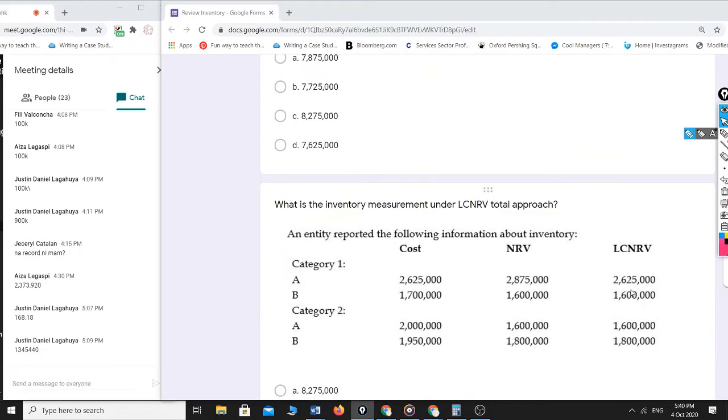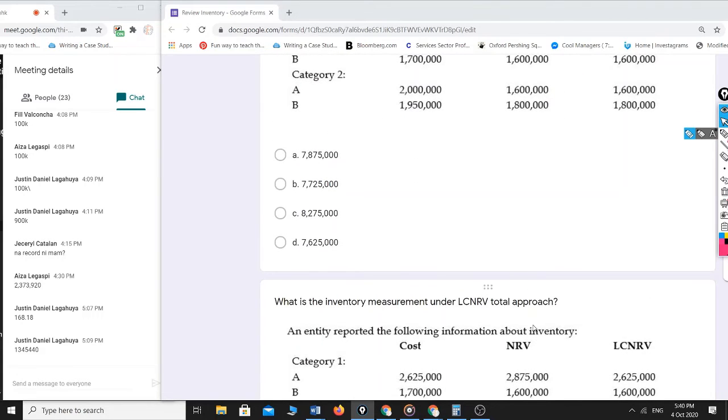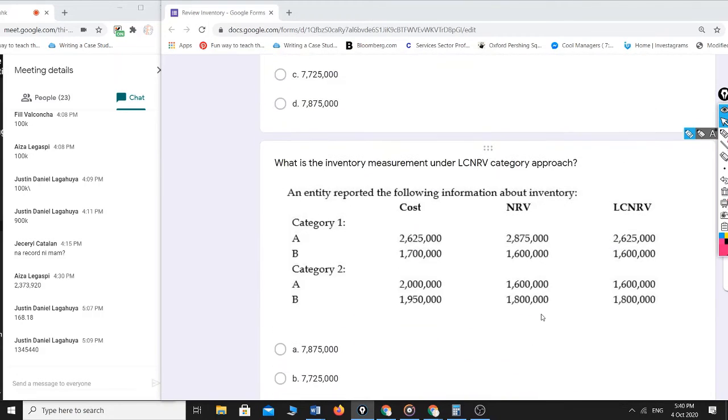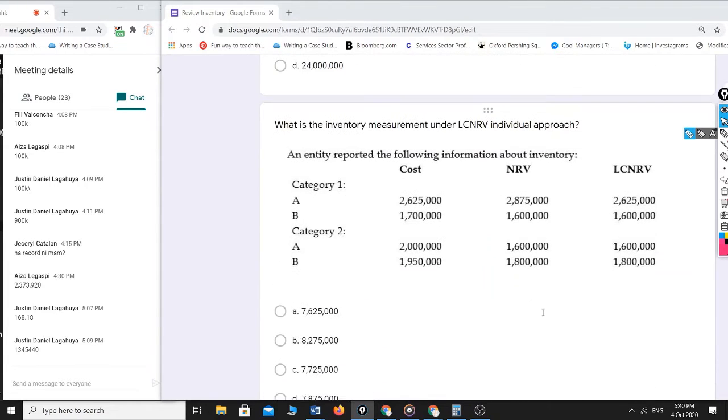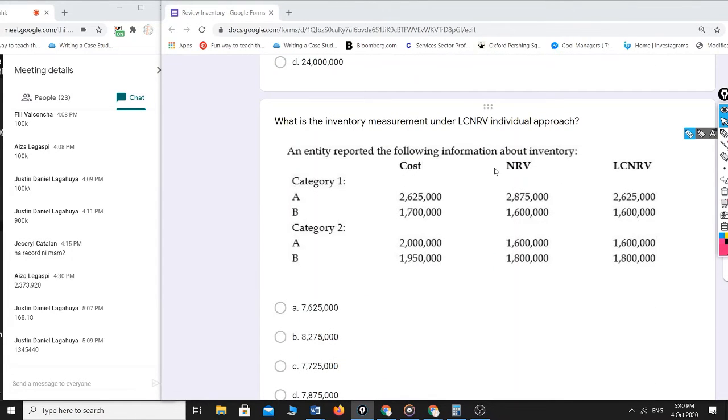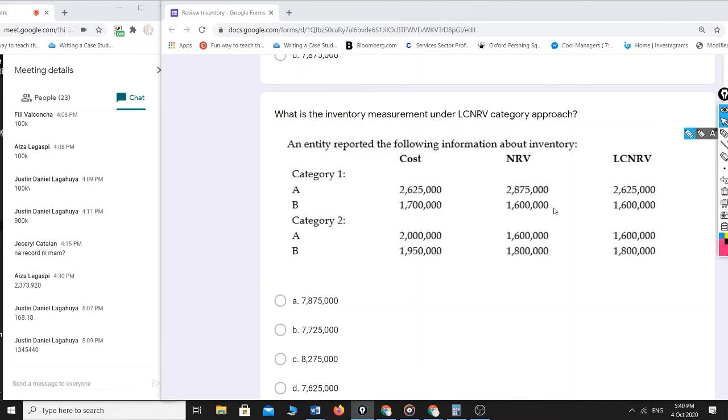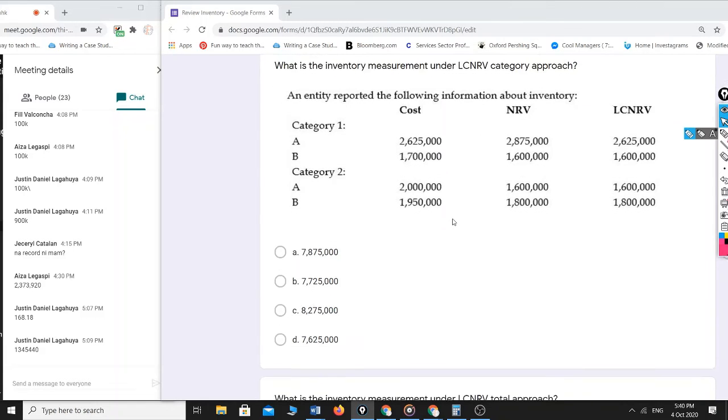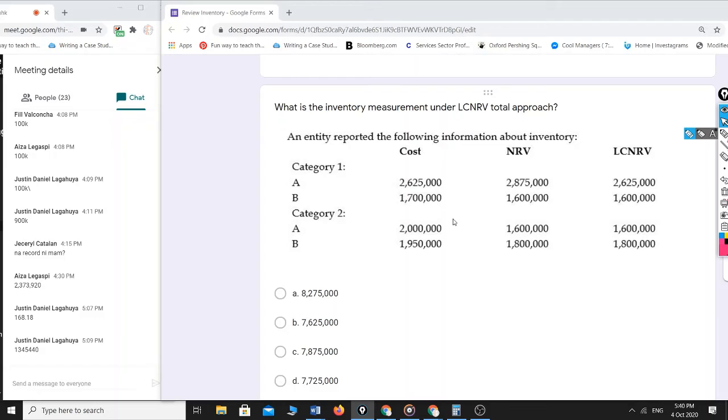So, guys, please take note unsa nga approach ang giingon sa problem because again, it could be individual. So, i-compare nimo siya individually. Category, i-compare nimo ang cost as to category nga amount. And lastly, the total approach.